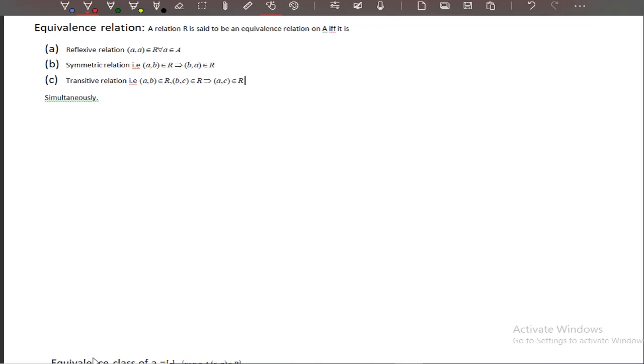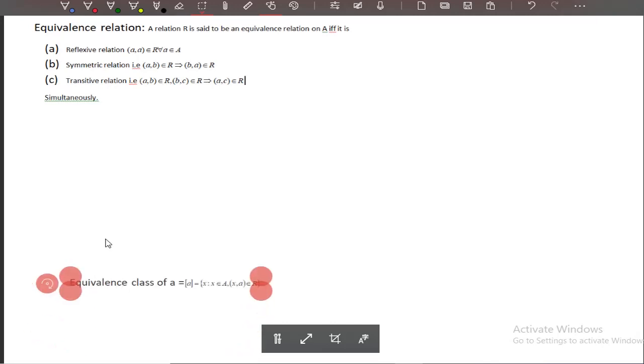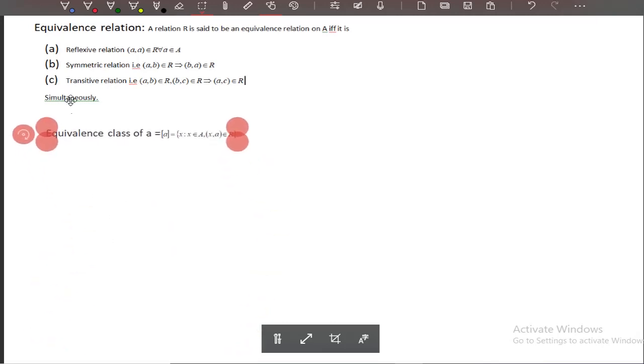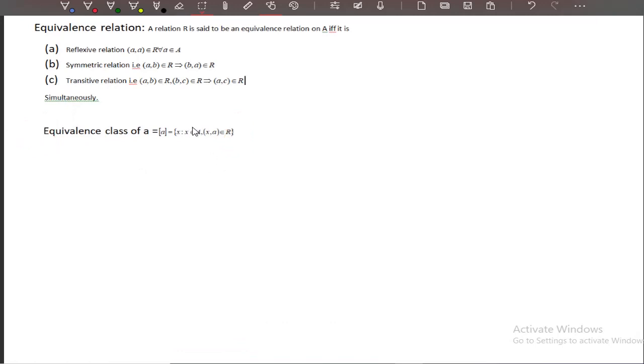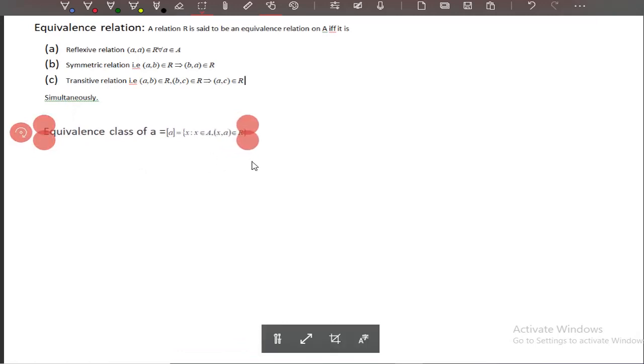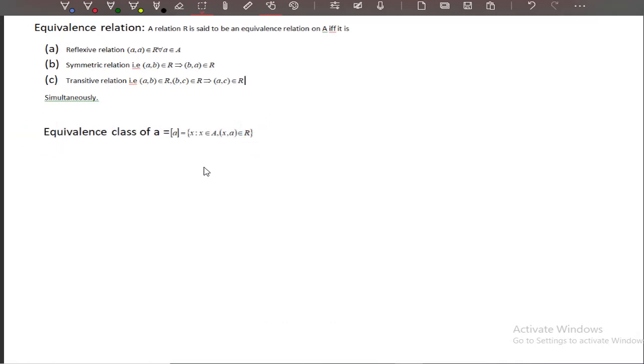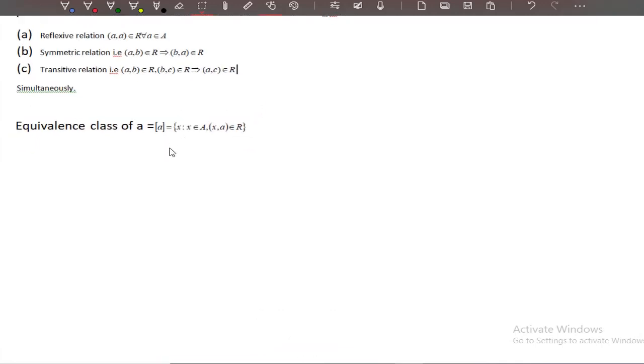This specific set is said to be the equivalence class. Equivalence class of a, what does it mean? This means the set of the elements of A which are equivalently related to a.